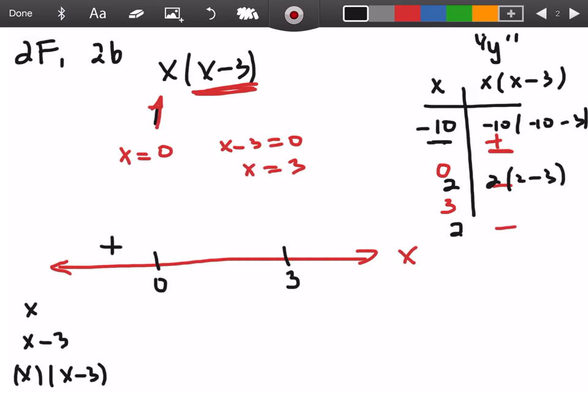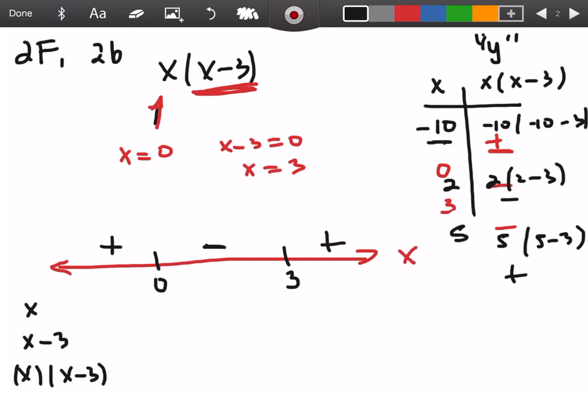Well, 2 minus 3 is a negative, and negative times positive is a negative. So this is going to be negative. Then when you go to a number bigger than 3, let's say 5, you put that in: 5 times 5 minus 3. Well, 5 minus 3 is a positive number, and a positive times a positive is a positive, of course. So that's my sign diagram for the function.